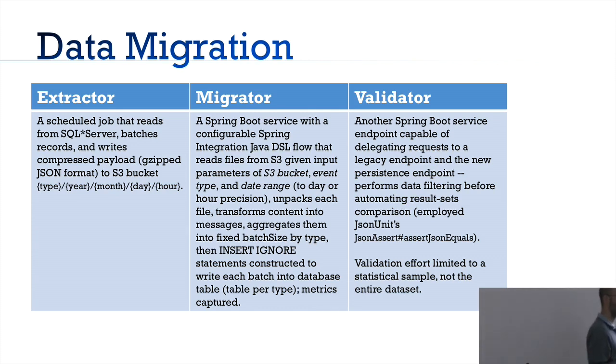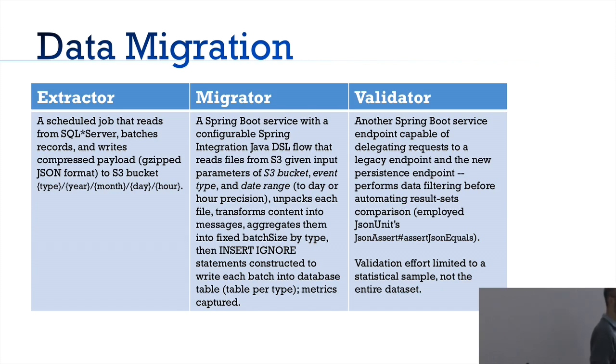So that gets the data into Amazon, and from there, we wrote a migrator, and it would read from S3. So it was a Spring integration Java DSL application that would read from S3. It would unpack the file.